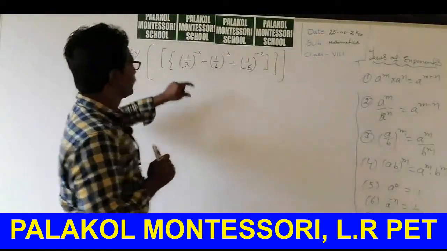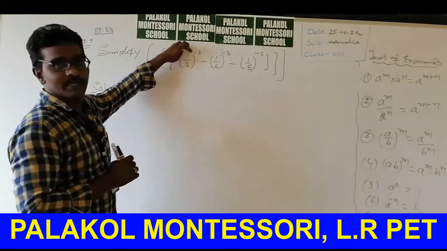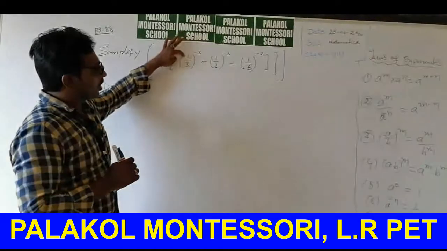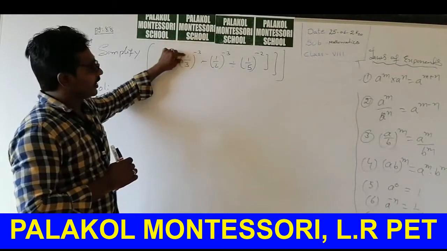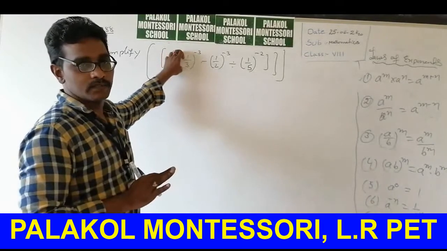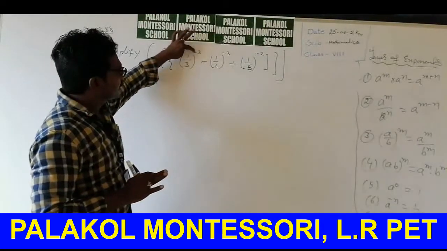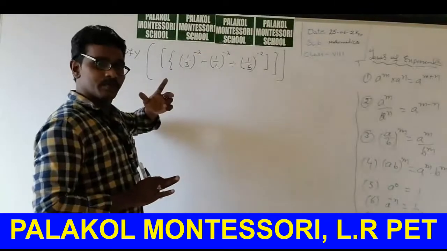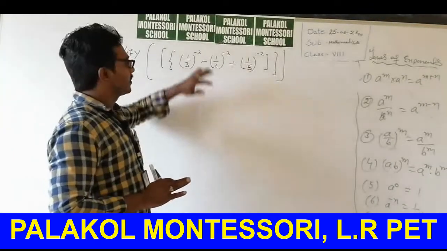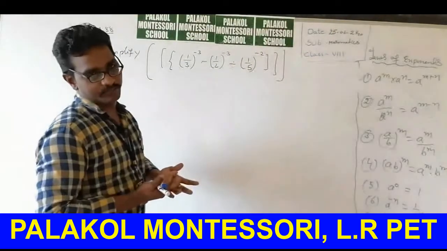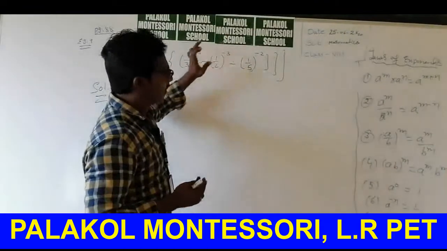Come to the point. 1/3 whole power of -3. Here a negative power is there. In that bracket one term is there, that is called the base, with its exponent power. First I remove this negative power. How? 1/3 reverse, reciprocal 3/1. So in that situation -3 immediately changes to +3. The same applies here also.